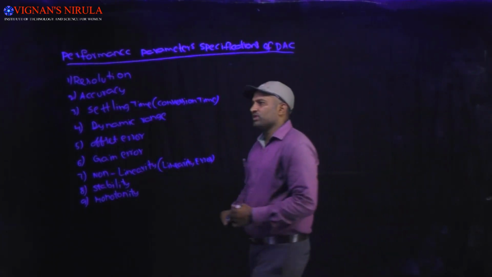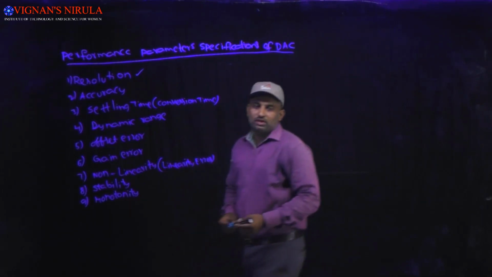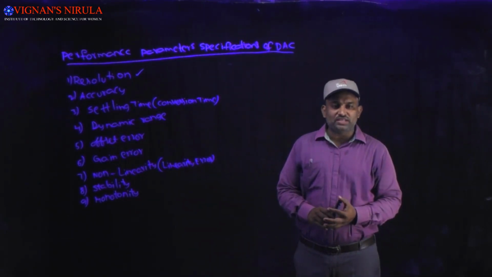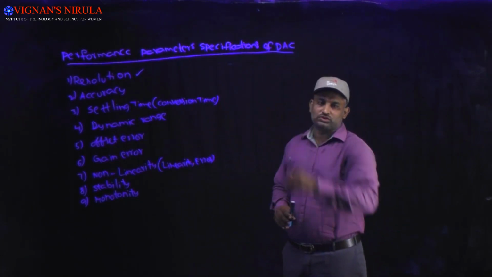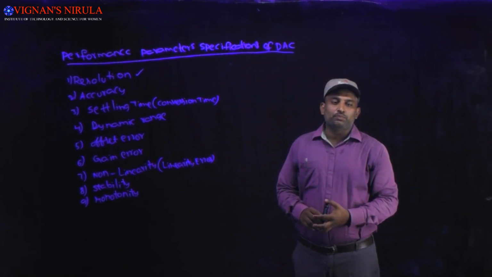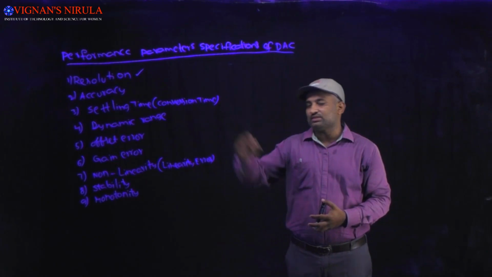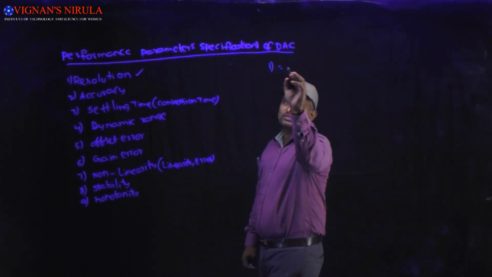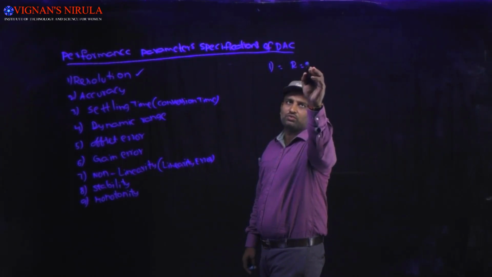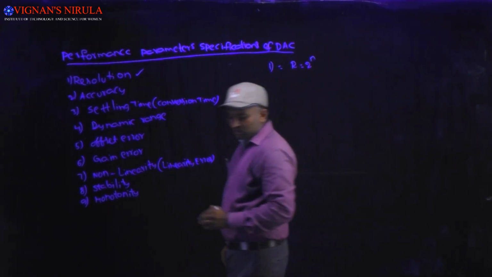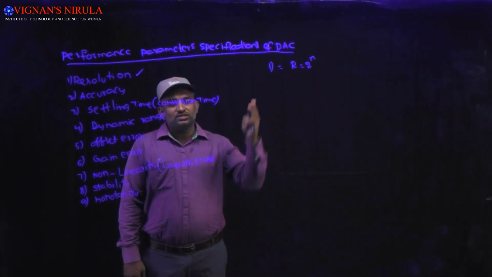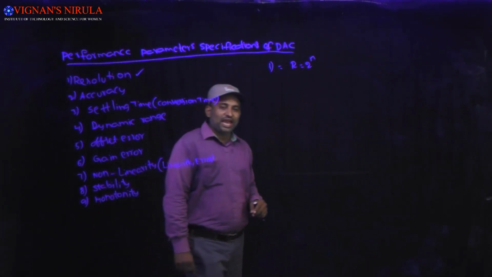Coming to the first one, resolution. Resolution is defined as the number of different analog outputs for the digital inputs, and it is expressed as resolution equal to 2 to the power of n. Suppose n is equal to 3, then the resolution will be equal to 8.